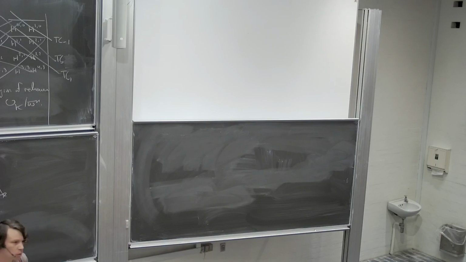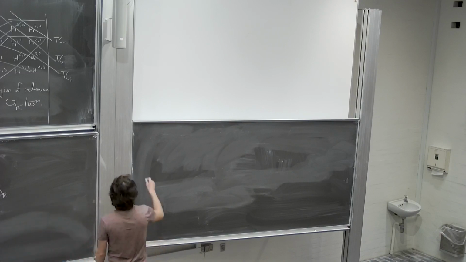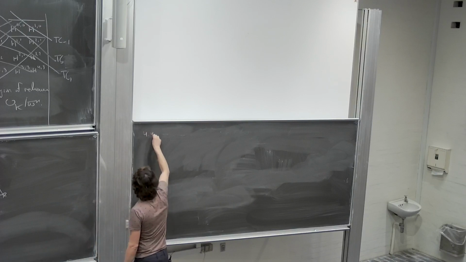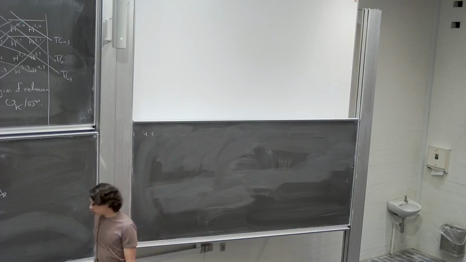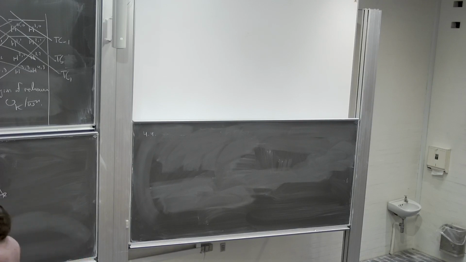Okay, so now let's say 4.4. What's helpful to know, at least I find this philosophically helpful, is to have an a priori bound on the range of these Z_p(i)'s.